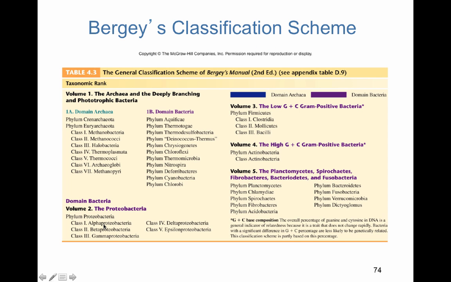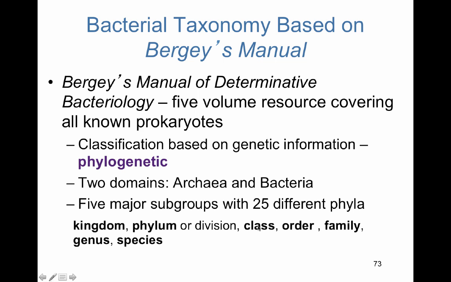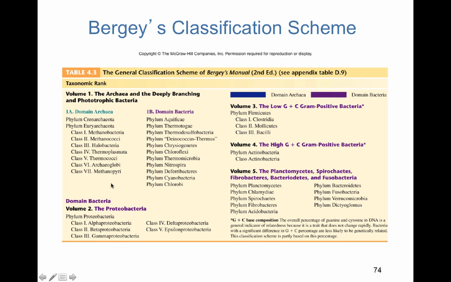All right. So if we look at phyla for the domain Archaea, you can see it's broken down by these 2 phyla, and then under this phylum you have the following classes. And then under the class you would have specific orders, family, genus, species.